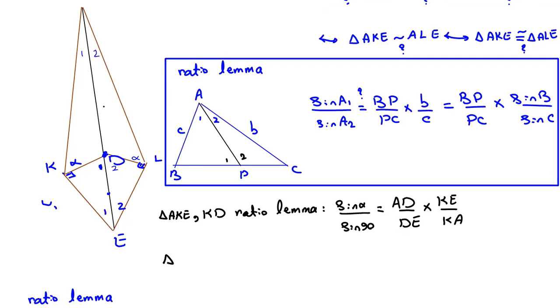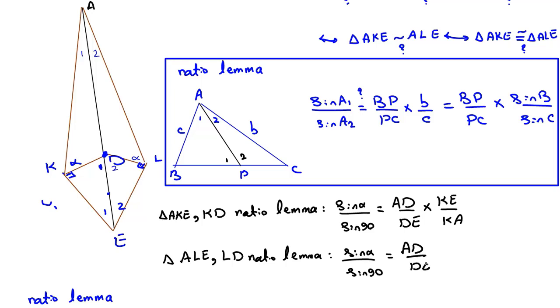Now, if we use triangle ALE and line LD, if we apply the ratio lemma again, sine alpha over sine 90 equal to AD over DE again times LE over LA.